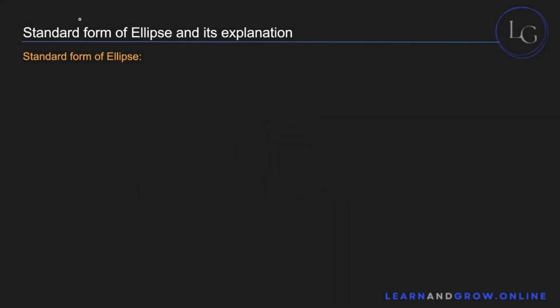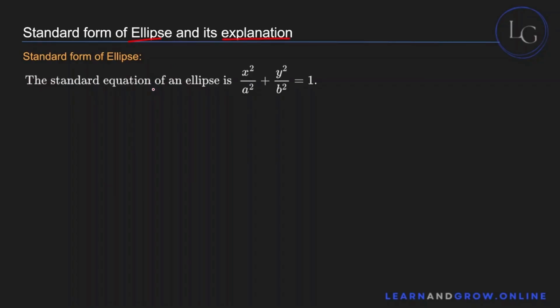Now let's see what the standard form of an ellipse is and its explanation. Now we need an equation for an ellipse. The standard equation of an ellipse is this. Now x and y are just, as in the case of circles and parabolas, placeholders for any points on the ellipse. But what are A and B? Well, let me first draw an ellipse for you.